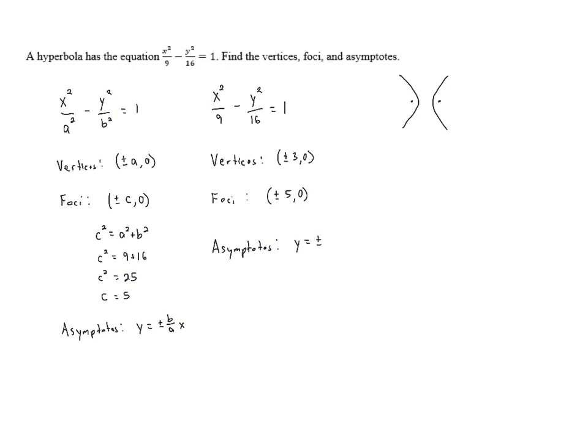Now, b is 4 because b squared is 16, and then a is 3 because a squared is 9, so we get plus or minus 4/3 times x. So now we have the vertices, we have the foci, and we have the asymptotes, and we are good to go.